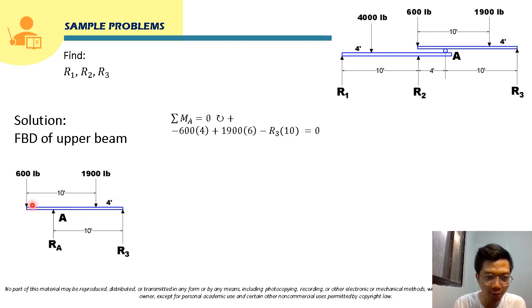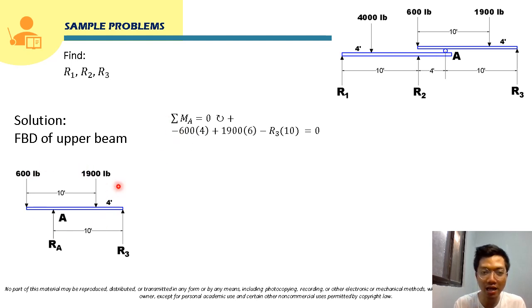This is actually 14 feet. If this is 10 feet, then this distance is 4 feet also. So the moment arm of the 600 pound force is 4 feet. So its moment will be 600 times 4, and its rotation about point A will be counterclockwise, no? That's why it will be negative here.